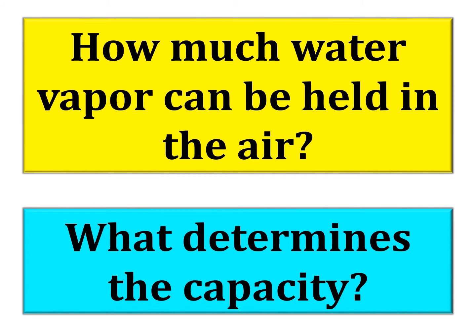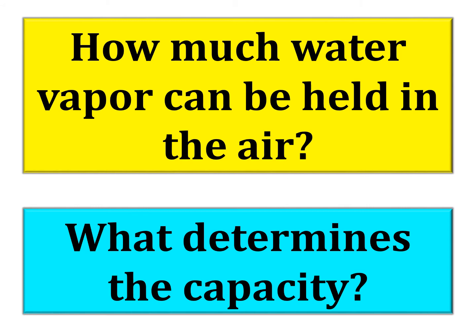The big question is how much water vapor can be held in air? The ability is limited. The ability of the air to hold water vapor is limited. There's a maximum. This is called the capacity of air holding water vapor.